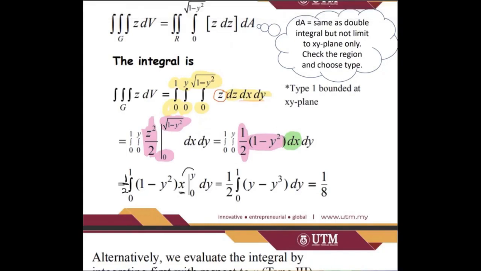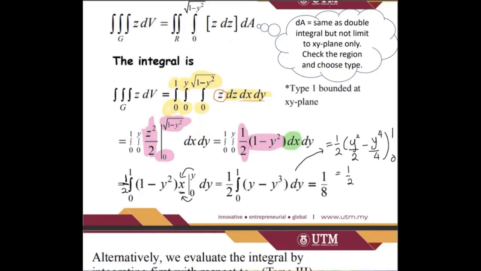Then we substitute x equal to y, and then 0. So we get 1 over 2, y minus y cubed. And then we integrate this. We will get 1 over 2, y squared divided by 2 and then minus y to the power of 4 divided by 4, from 0 to 1. And then we substitute the value.